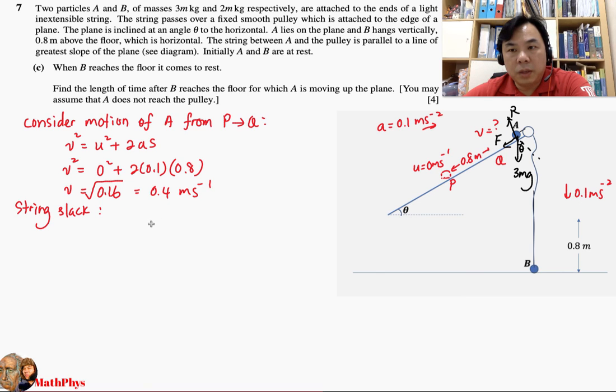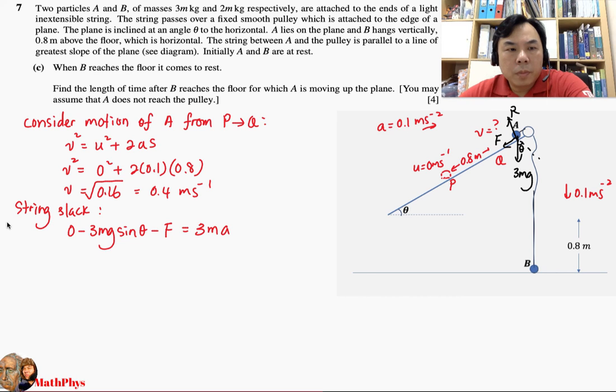So what will be its acceleration? There's no longer tension acting. So we have 3mg sine theta minus the frictional force equals 3ma. The equation we are getting is from Newton's second law: F net is equal to ma.